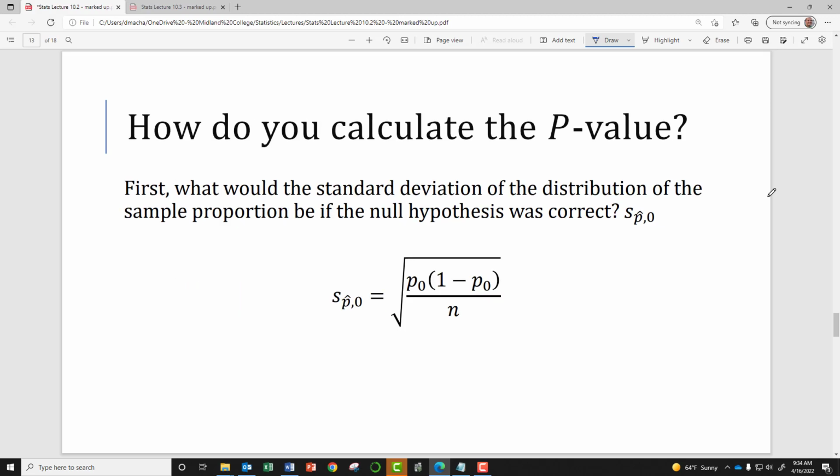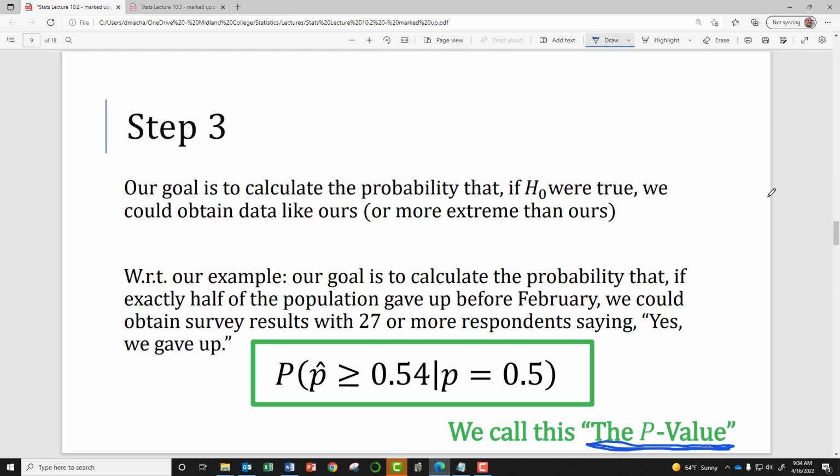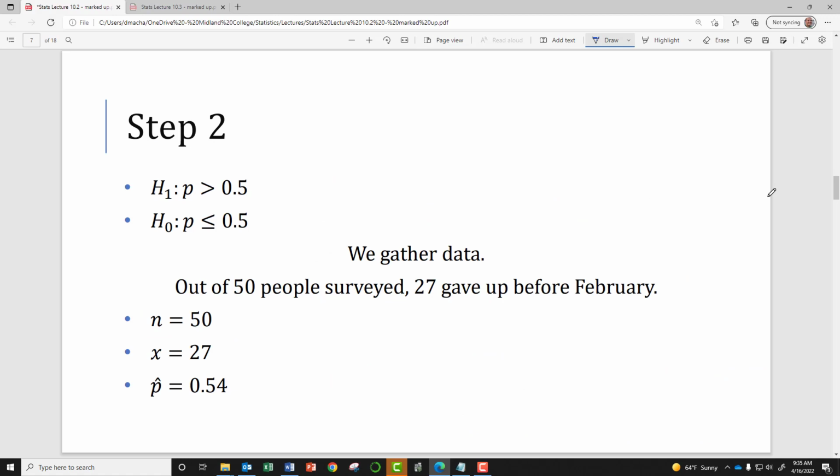How do you calculate this p-value that we're so interested in? First, let's ask the question: what would the standard deviation of the distribution of the sample proportion be if the null hypothesis was correct? And what was our null hypothesis in my example? Well, our null hypothesis was that p is less than or equal to 0.5.